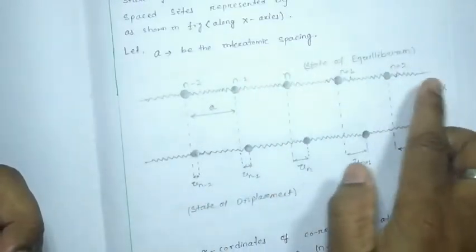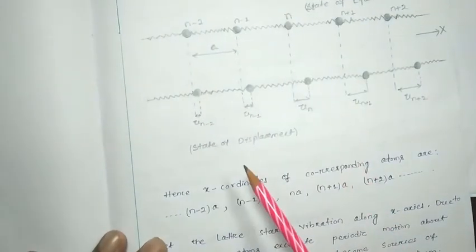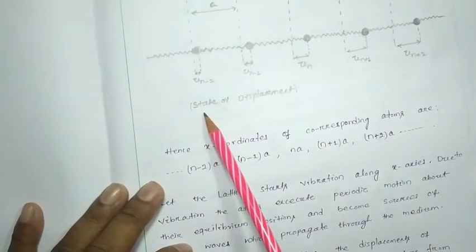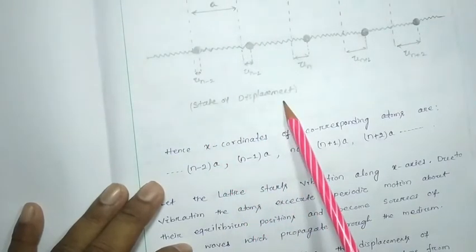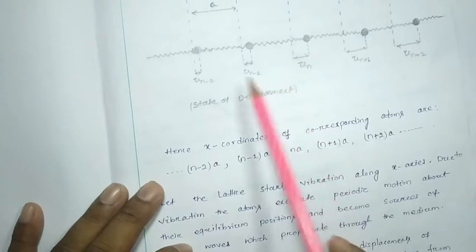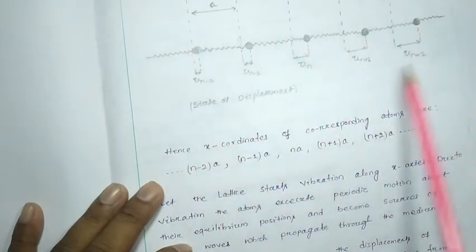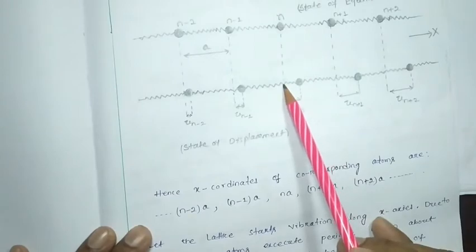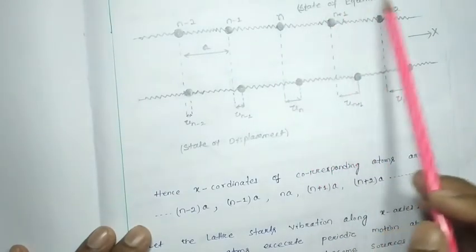All the atoms, at a particular instant, is the so-called state of displacement, represented by this one. That means this position will be the equilibrium position at the state of equilibrium.